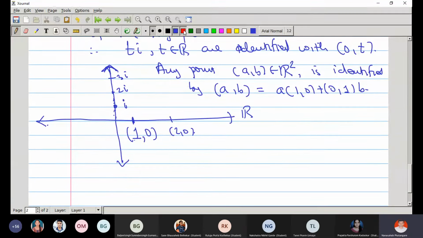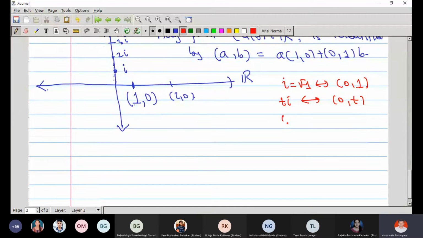Is it clear? i, root of -1, is identified with (0, 1). So ti is identified with (0, t). Then (1, 0) in the complex plane is identified with 1.